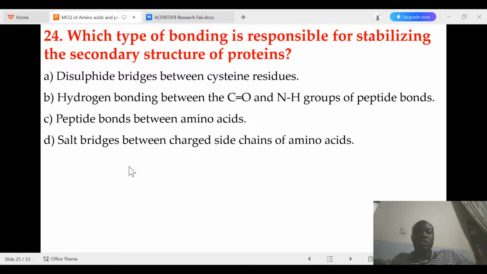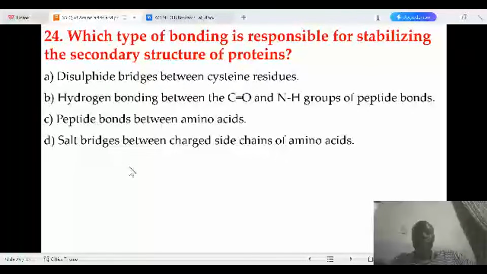Mariama says C, so it's wrong, and someone else says B. Do you agree with her?